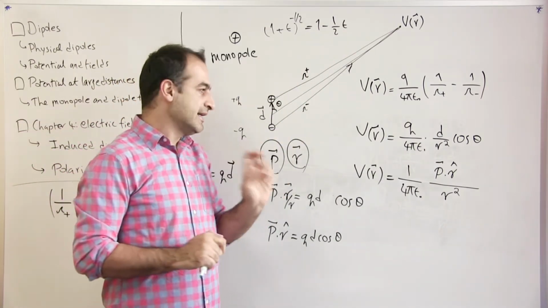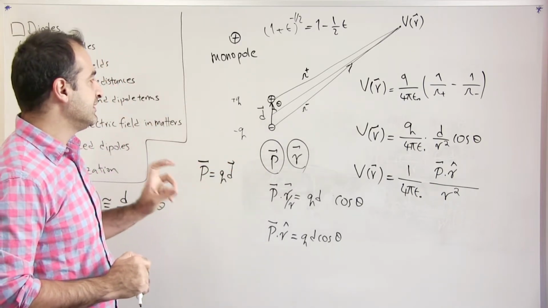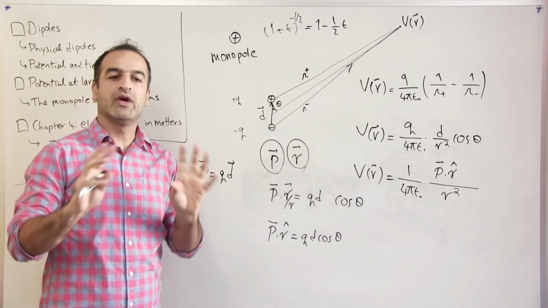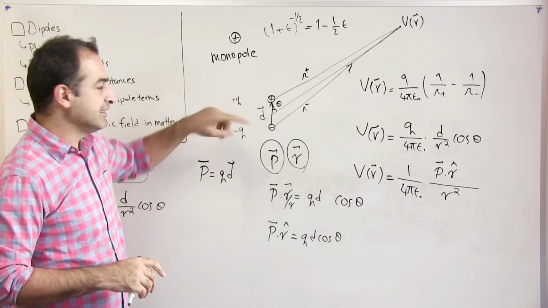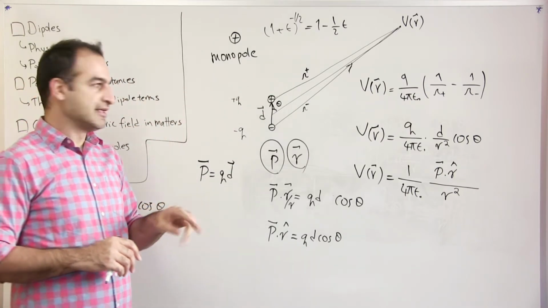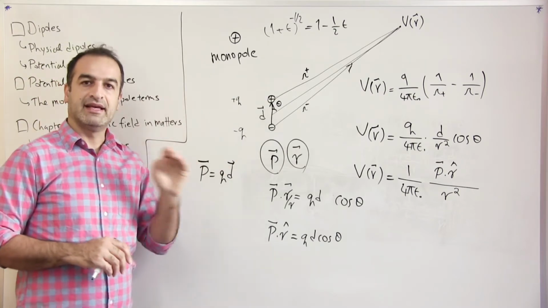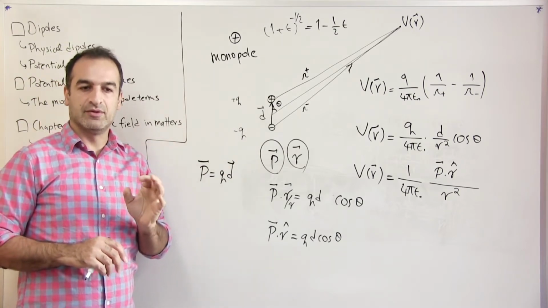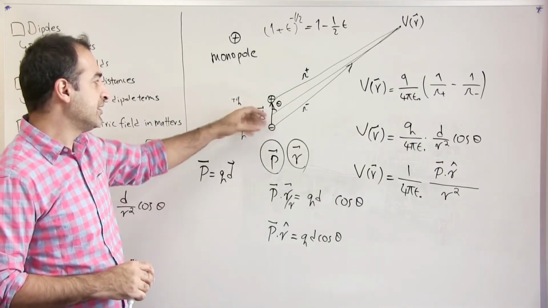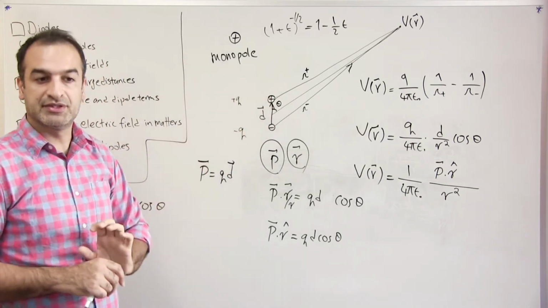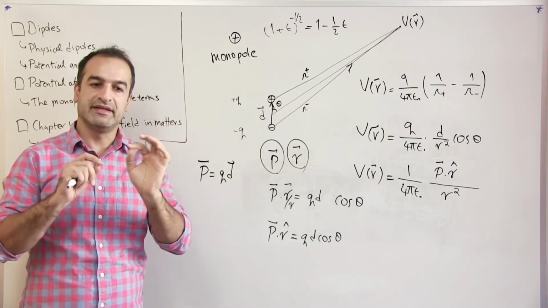When I say physical dipole, the reason is that there are different ways you can define a dipole. If you have a dipole created by two point charges, positive and negative, of exactly the same magnitude, that's called a physical dipole. You can create different types of dipoles with different charge distributions, not necessarily exactly positive and negative.